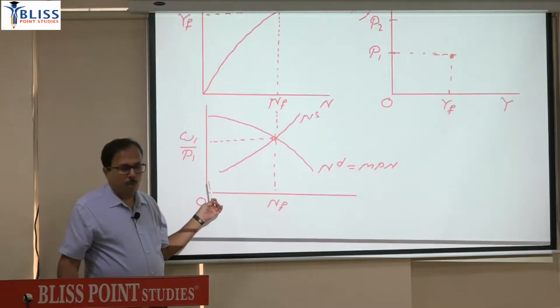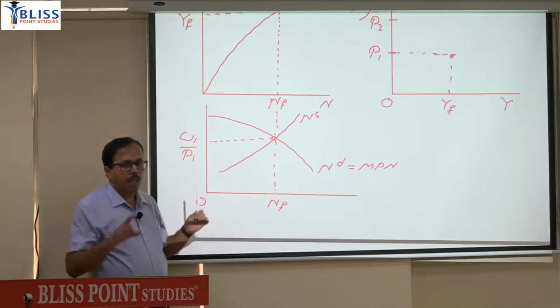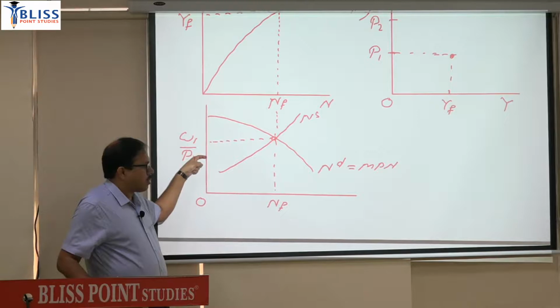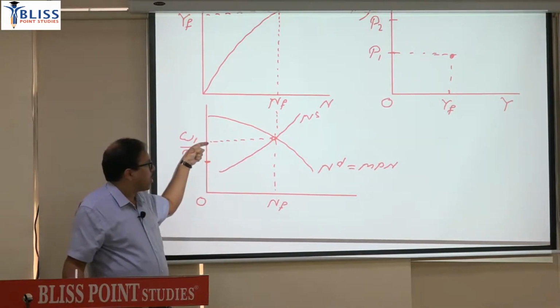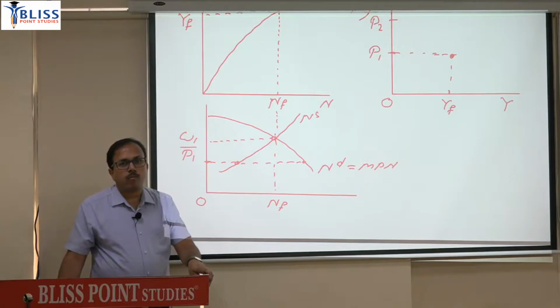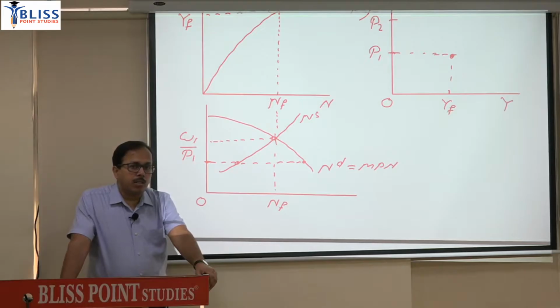If you increase P, remember, with a constant nominal wage, as you increase P, the real wage will fall. At any real wage lower than this, labor demand and labor supply are not equal. But classicals believe labor demand is always equal to labor supply, and if they are not equal, wage will adjust. Wage flexible है.